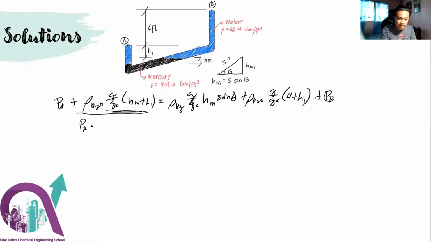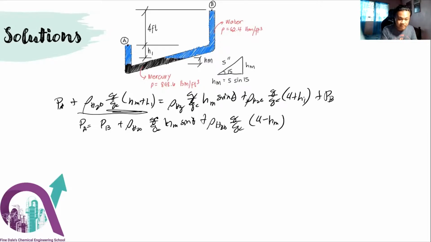So we will have PA, and then let's simplify everything. So we have H2O, G over GC, HM sine theta plus H2O, G over GC, 4 minus HM.